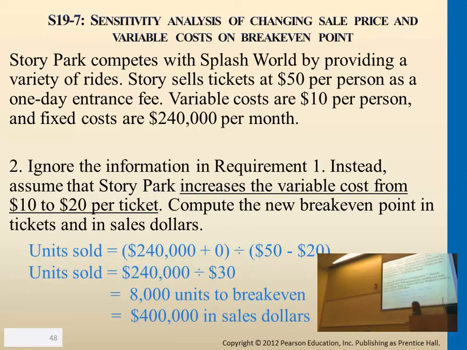Multiply by 50 because each ticket you're selling at $50 to customers, right? We didn't change the sales price here, we're just changing variable cost to 20. Originally it was 10. Okay?